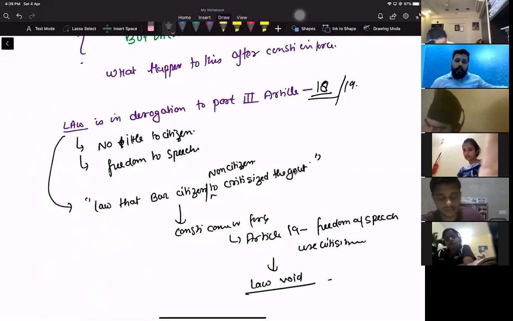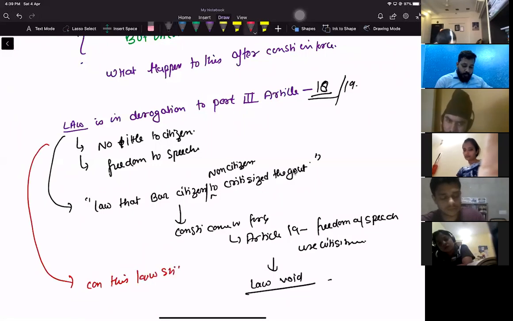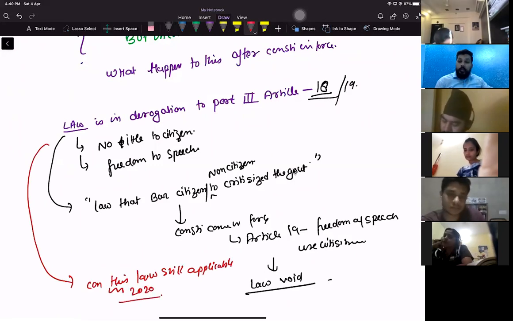My question is this: after the constitution, can this law still be applicable in 2020? Tell me. Can you use this law in 2020?